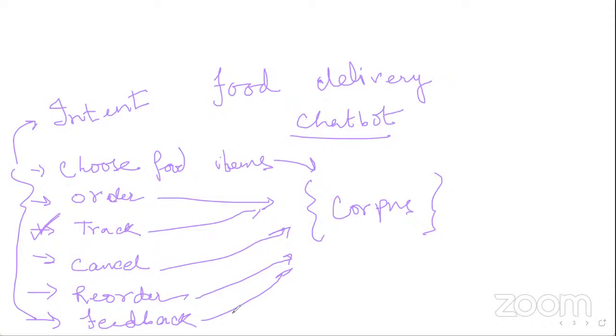But if I try to build, let's say, a chatbot which can answer all my queries, that is not possible technically. You need to focus on a specific domain, and then you can build a chatbot. The same as the example I gave you of the food delivery app chatbot.